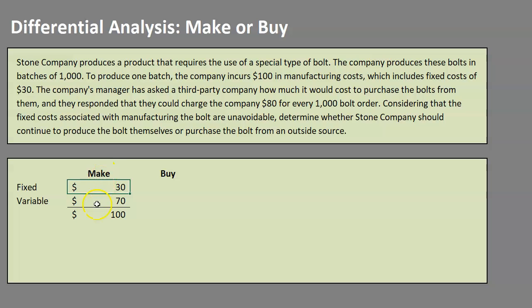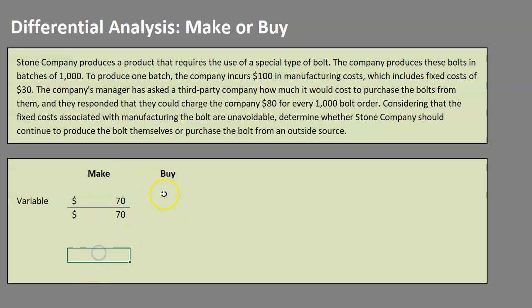So when we're talking about the make scenario of this differential analysis, we actually would not consider the fixed part at all, because we are going to incur those fixed costs whether we manufacture that bolt or not, because those fixed costs are unavoidable. So really, the cost of us deciding to manufacture the bolt is $70 per batch.